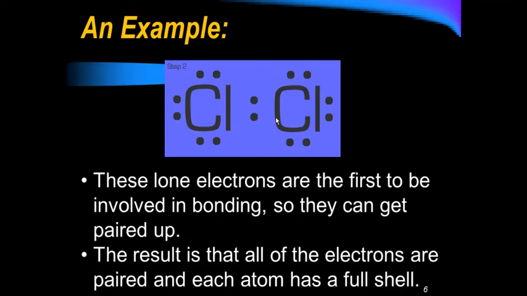See? Now they're both happy. And if you do an electron dot diagram like this, once they form a bond, we turn that into a straight line to show that they've actually bonded. And that takes place between those lone or lonely electrons that were there on the chlorine atom.